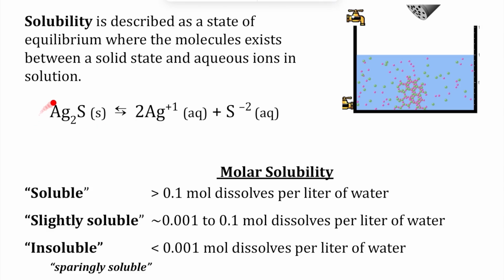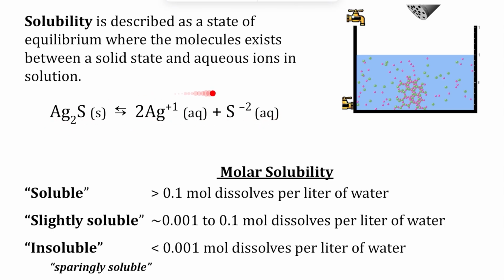And that process of if we have something that is solid and then dissolved in water, that is an equilibrium process. So we have that reversible reaction where those silver ions are going to break from the sulfur ions and are going to be free floating in that aqueous solution. And so this is that reversible reaction.